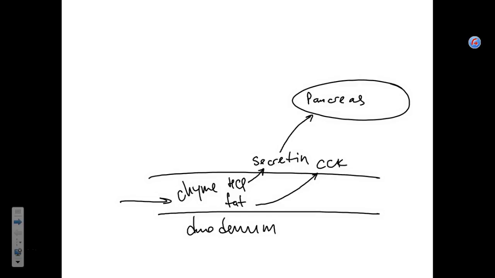Secretin will act on pancreas and CCK will act on pancreas too. Secretin, what does it stimulate? Bicarbonate. And CCK will stimulate enzymes. We good?